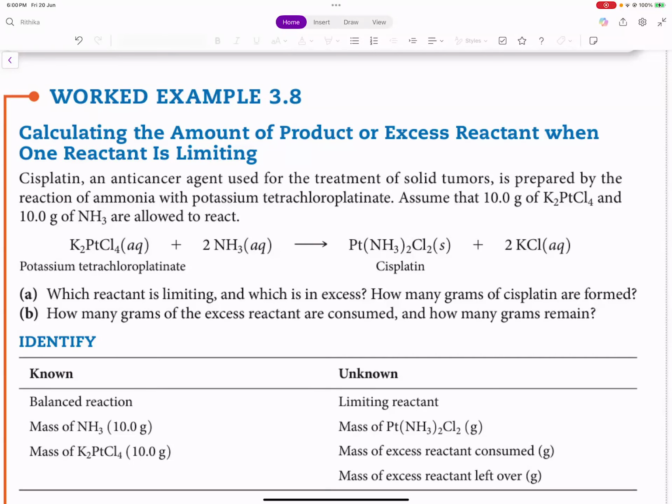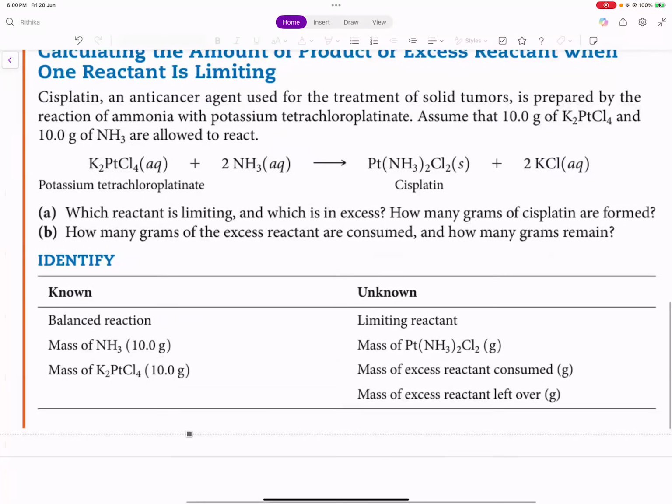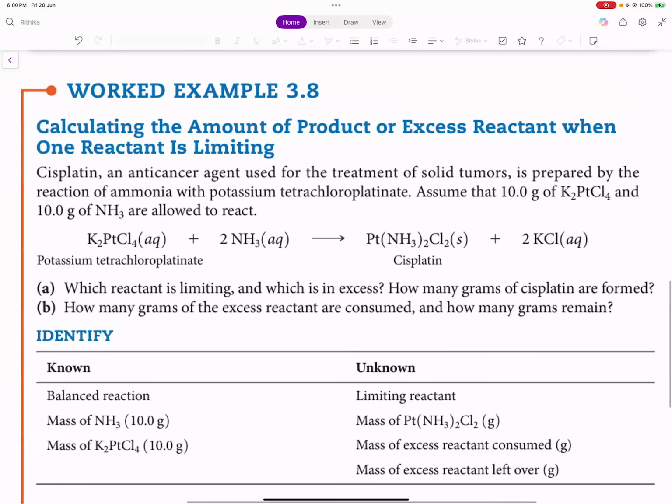And you can also look up ammonium and platinum. Ammonium is 18, right?